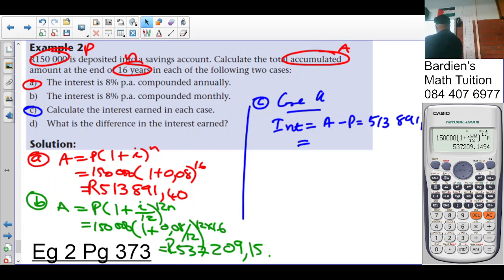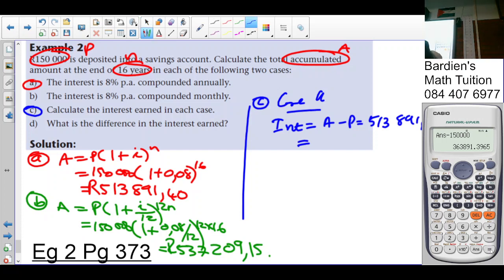So it's going to be that answer minus 150,000, which gives you 363,891 rand and 40 cents. That's the interest earned on that amount.